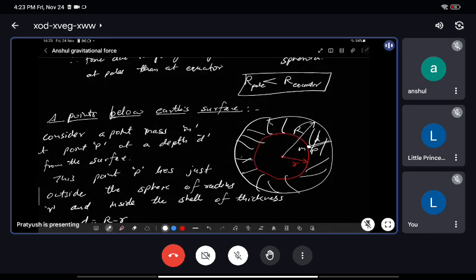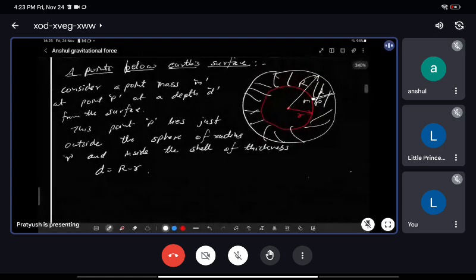Each and every part of the shell is going to attract it, and hence the force of attraction will become zero ultimately. Therefore, the only part which will be attracting this will be the part beneath point P, that is this sphere of small r radius.